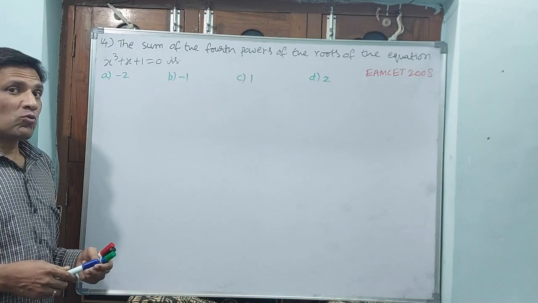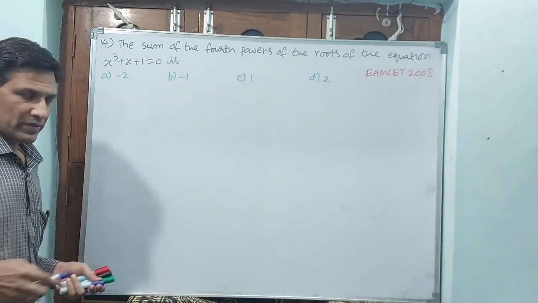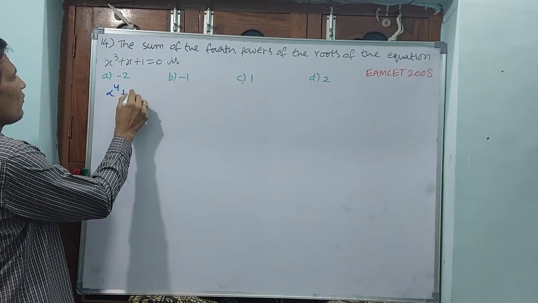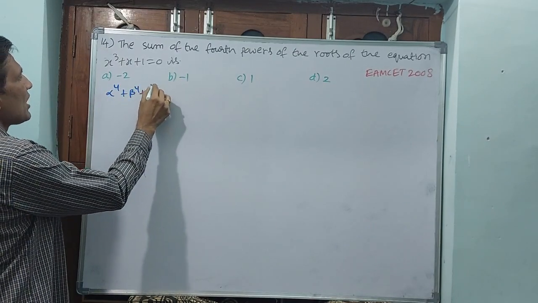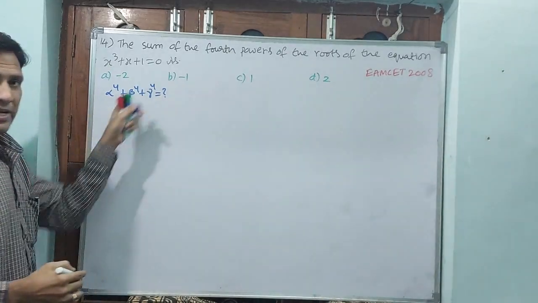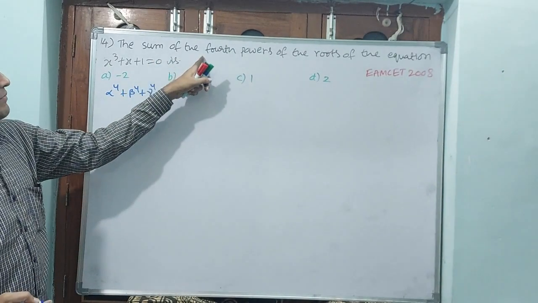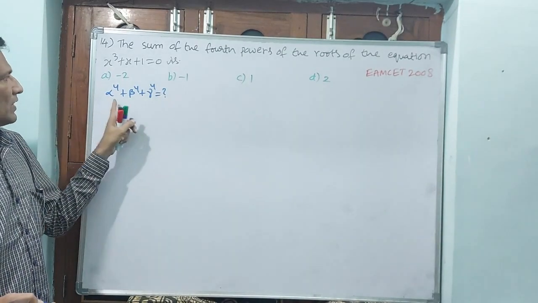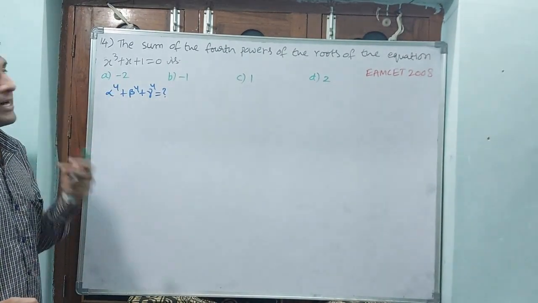Alpha to the power of 4 plus beta to the power of 4 plus gamma to the power of 4 is equal to how much, like they are asking. Sum of the fourth powers of the roots. Okay, this they are asking.